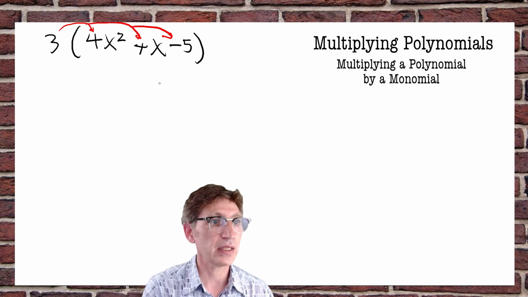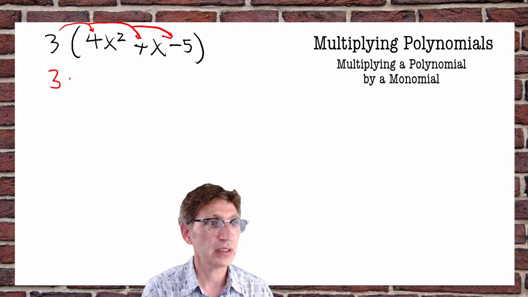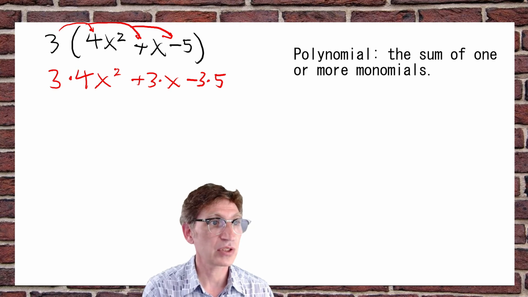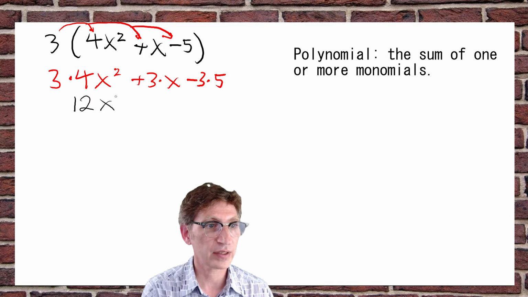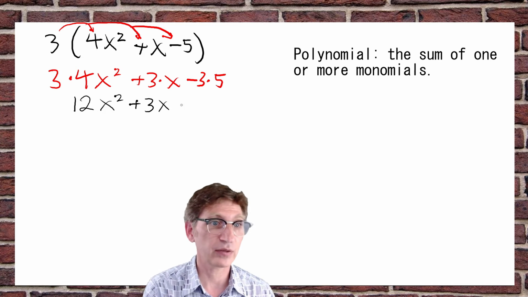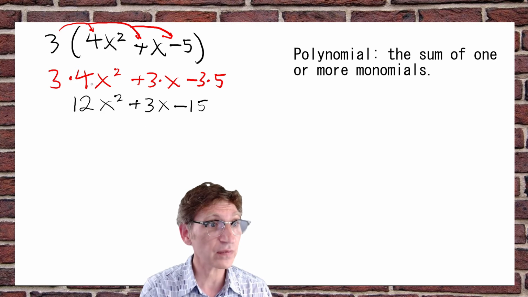We can rewrite this as 3 times 4x squared plus 3 times x minus 3 times 5. Then we simplify these terms. 3 times 4x squared. 3 times 4 is 12, so I end up with 12x squared. Here it's just 3 times x, which is 3x. And here it's just 3 times 5, or negative 3 times 5. Negative 15.